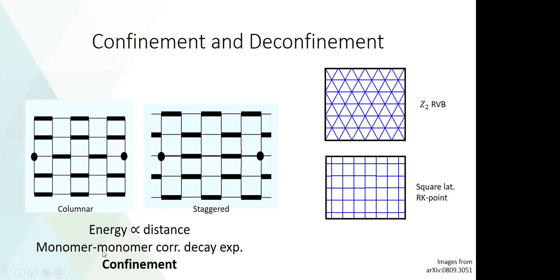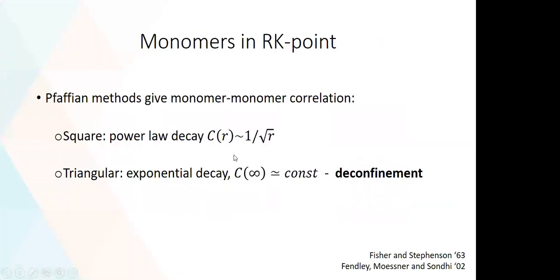And that can be viewed if you view the monomer correlation. If you did have confinement, you would expect to have exponentially decaying correlations. But that's not the case for the RK point. So for the square lattice, it's not exponentially decaying, but it goes something like this, and that's the asymptotic behavior.